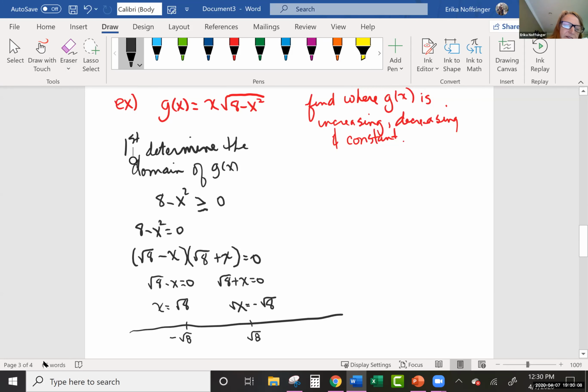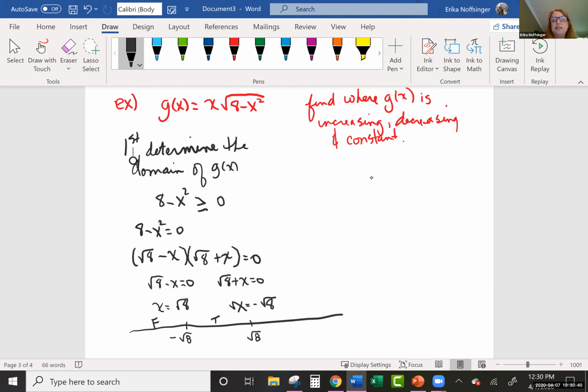And I know I can't have any numbers which are less than negative root 8 in my domain. I also see if I plug in 0 in here, underneath the radical, I get the square root of 8, which is positive. I can have that. And so I know that any number between negative square root of 8 and positive square root of 8 is in my domain. Same reasoning as on the left of negative root 8, same thing on the right of positive root 8.